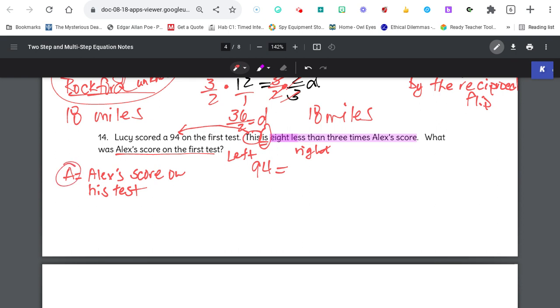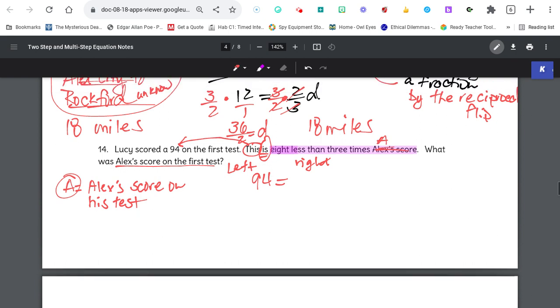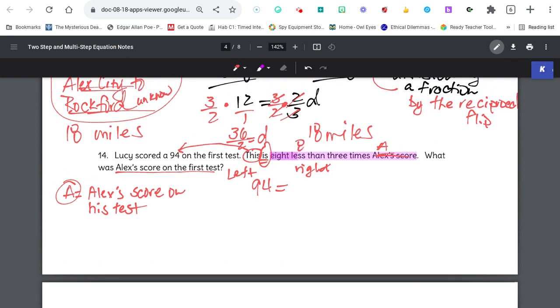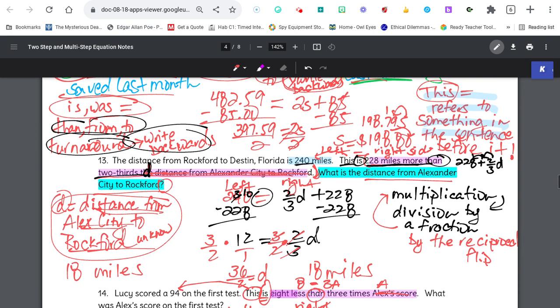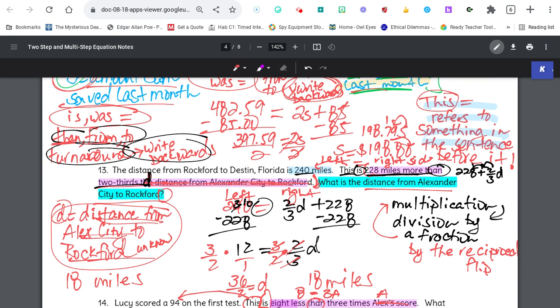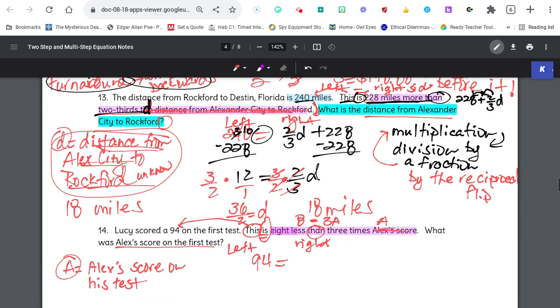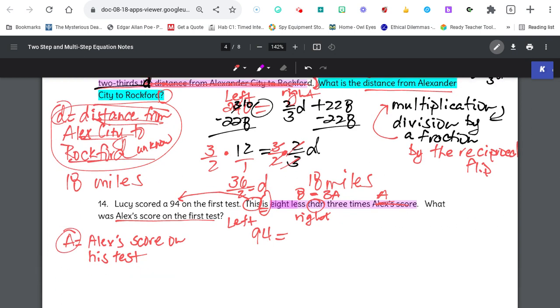That's why I called it A. So instead of 3 times Alex's score, I say 3 times A. So normally we would write 8 minus 3A. But because it has "than" in it, and I told you up here, guys, that if you see "than," "from," or "to," it's a turnaround word. So instead of writing 8 minus 3A, I write 3A minus 8.